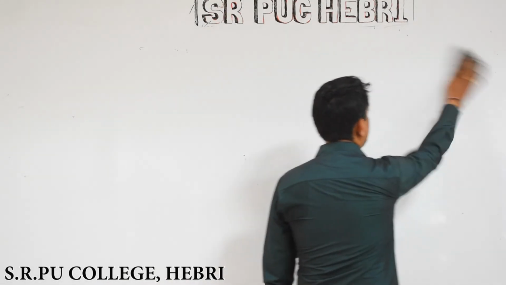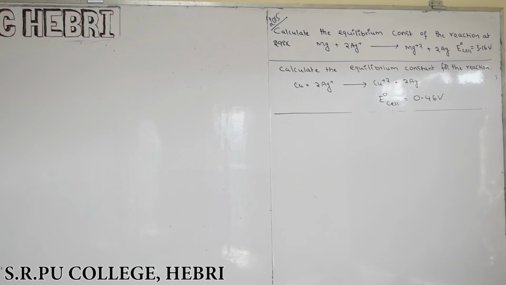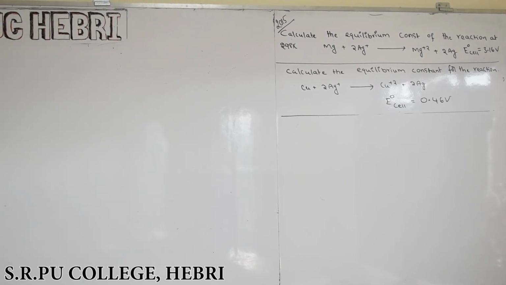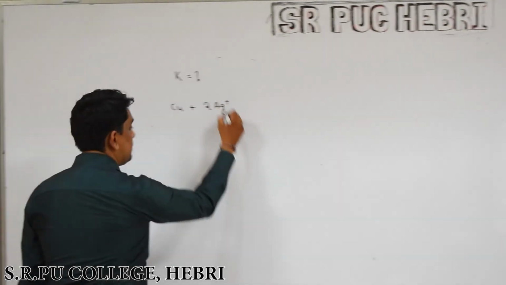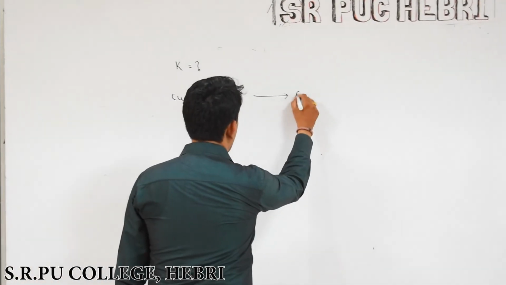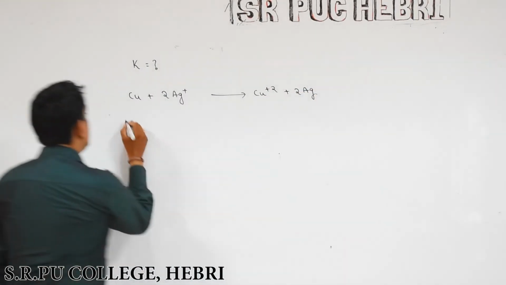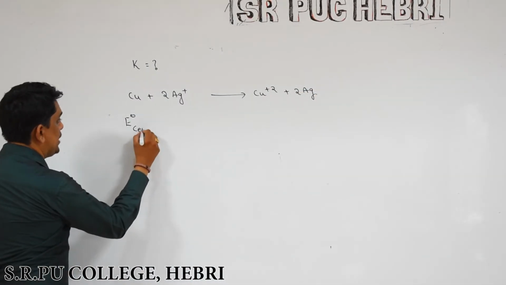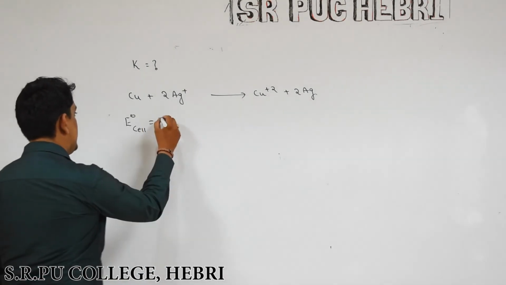Calculate the equilibrium constant for the reaction. Let me write the reaction: copper plus 2 silver ion giving copper ion plus 2 Ag. The standard cell potential value is also given in the question itself. It's 0.46 volt.